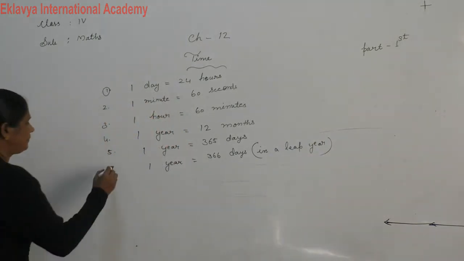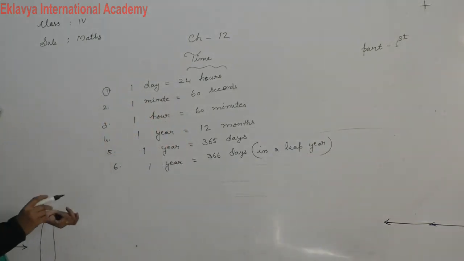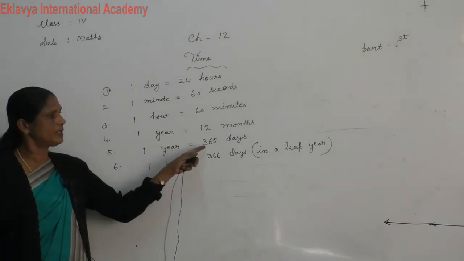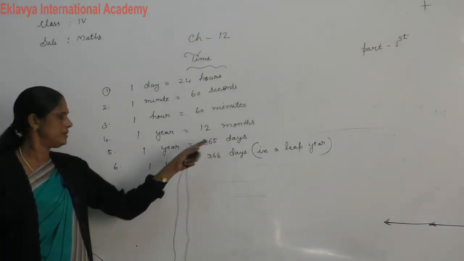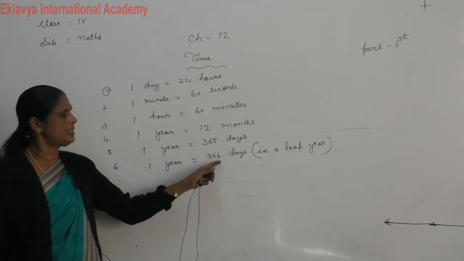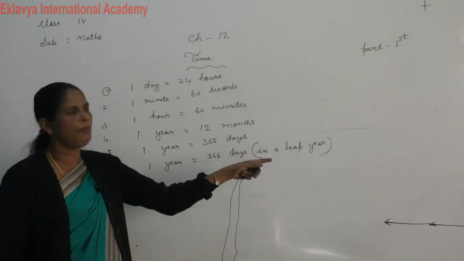First, 1 year is equal to 365 days. 1 year is equal to 366 days in a leap year.